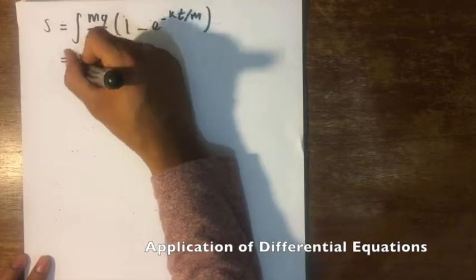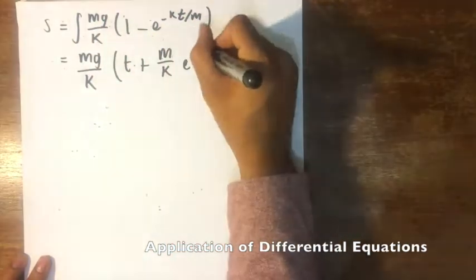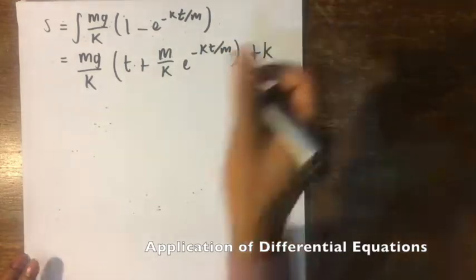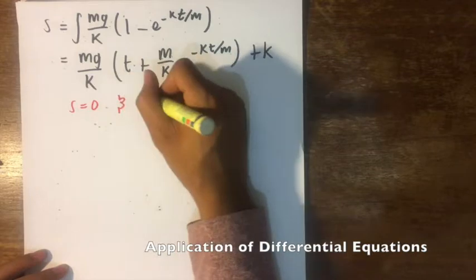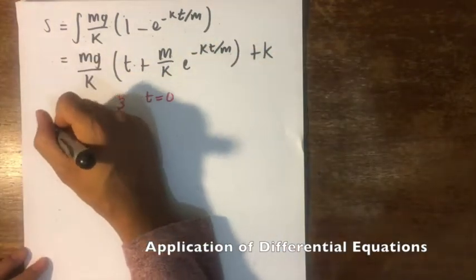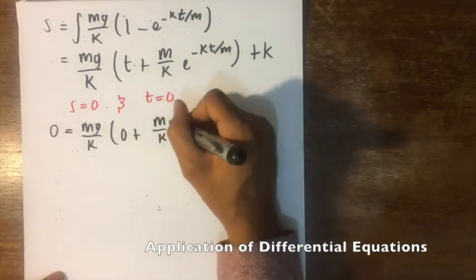And we are left with mg over k, open parentheses, t plus m over k e to the power of negative kt over m, close parentheses, plus k. Now substitute these two initial conditions into the equation, s equals 0 and t equals 0.